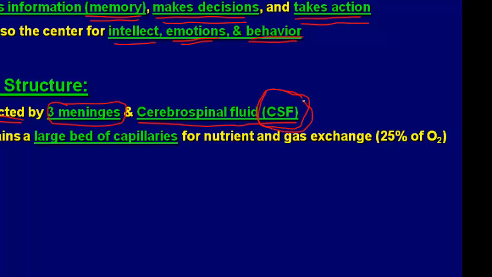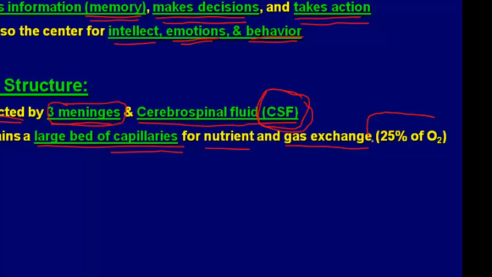Don't forget about the cranial bones that protect the brain. So we protect the brain with very rigid structures like bone. We protect the brain with softer tissue like the meninges. We also protect the brain with a fluid, cerebrospinal fluid. Your brain gets a lot of blood, so there's a lot of capillaries delivering nutrients and oxygen to our brain.